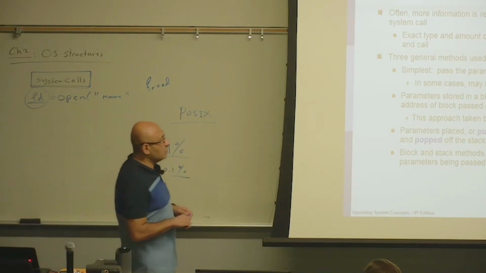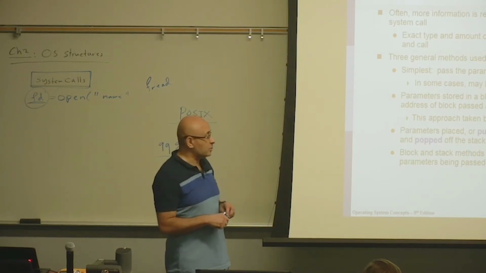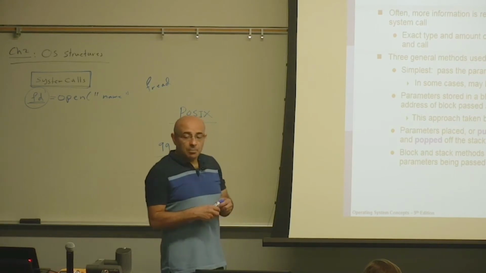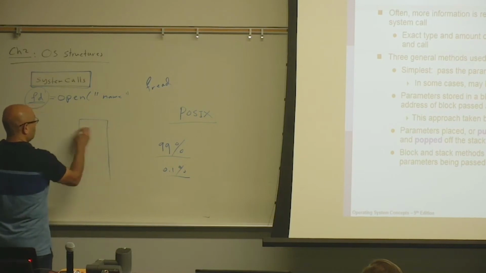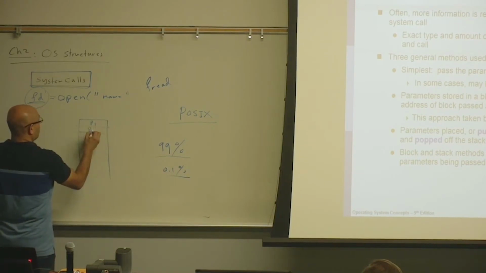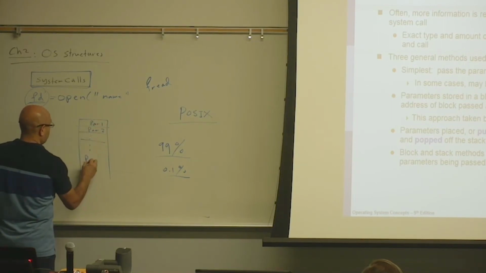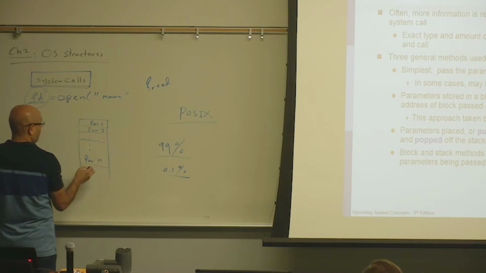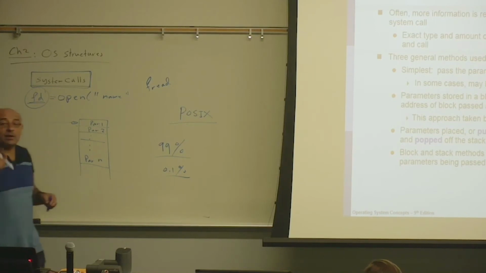So in order to solve this problem, people came up with other solutions. One solution is putting all the parameters in a memory block. You put all the parameters, parameter 1, parameter 2, parameter n, as many parameters as you want in a block, and then you pass the address of the block in a register, in one register.